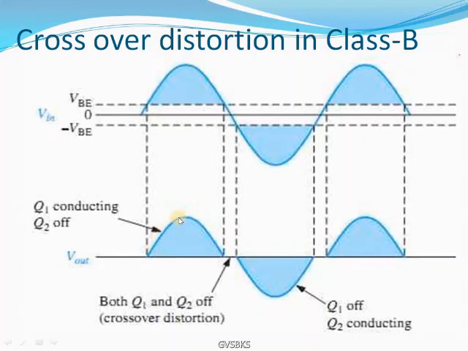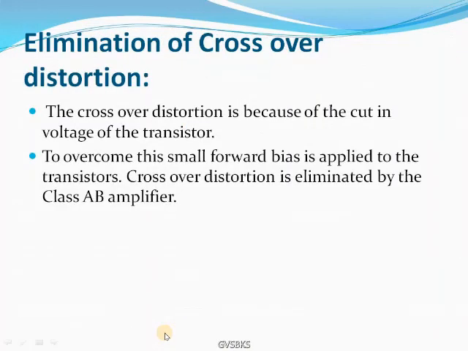If you observe, during the positive half cycle, Q1 is in the on state and Q2 is in the off state, and during the negative half cycle, Q1 is off and Q2 is on. But in this region, between VBE and minus VBE, both transistors will be in the off state. So this will result in crossover distortion.